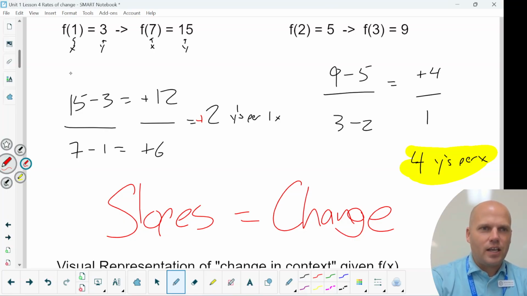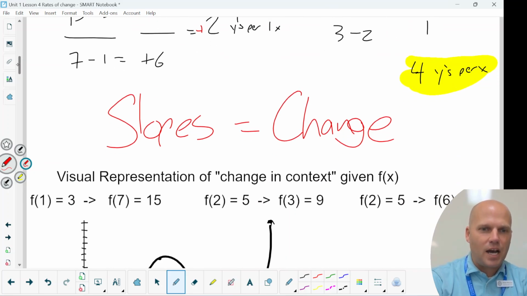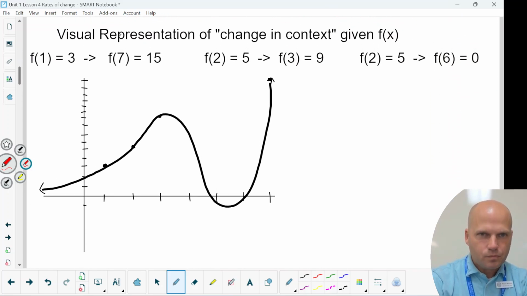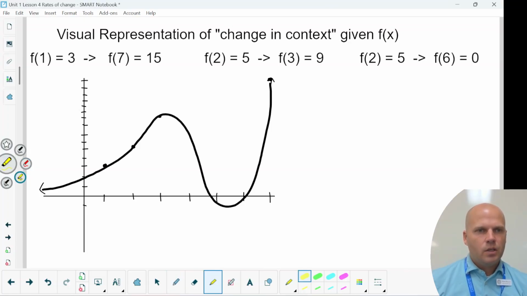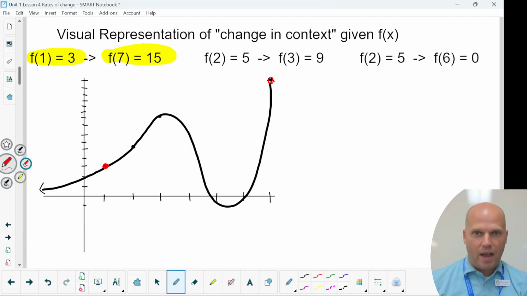Let me show you and also provide some context. Let's say we have this function, and we have these points (1, 3) and (7, 15). We can see those points existing on this graph that's created. We did the calculation of 15 minus 3 over 7 minus 1.